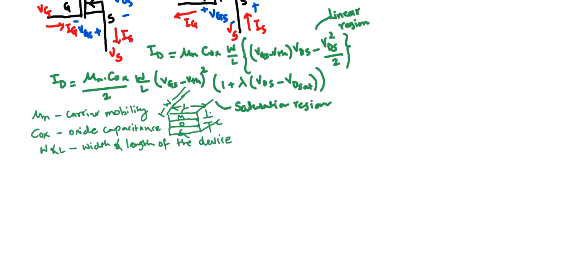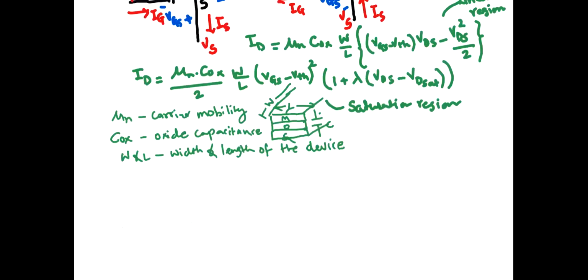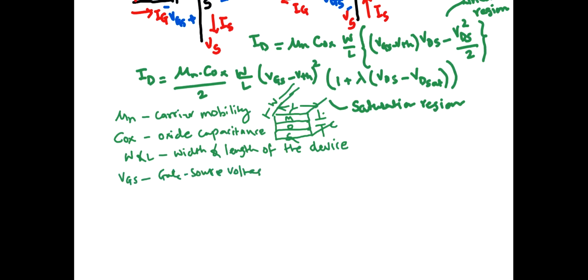Okay, now let me define some more terms that we have seen. VGS and VDS: we already know that VGS is the gate to source voltage. VDS is the drain to source voltage. Now lambda is the channel length modulation.